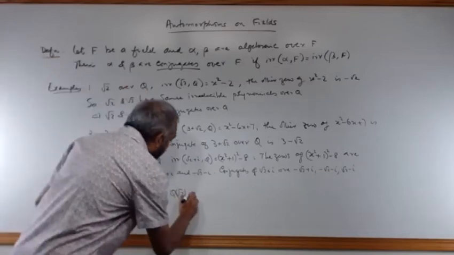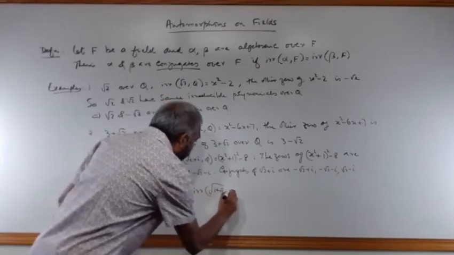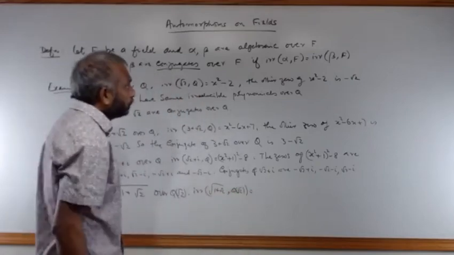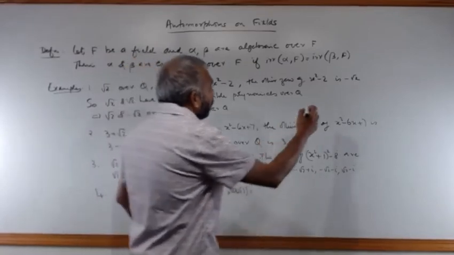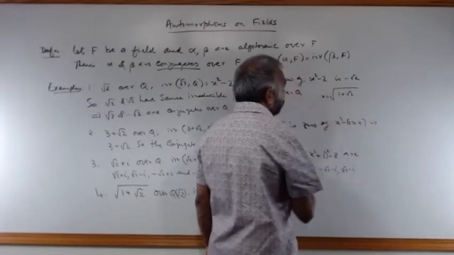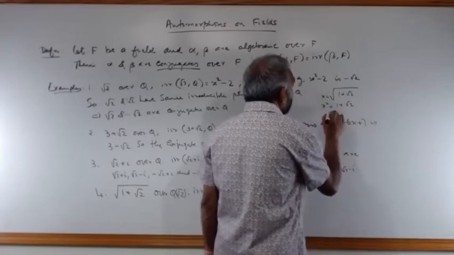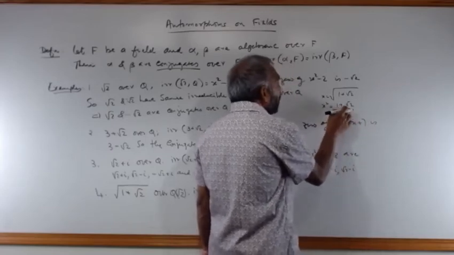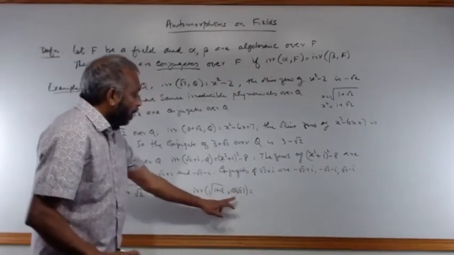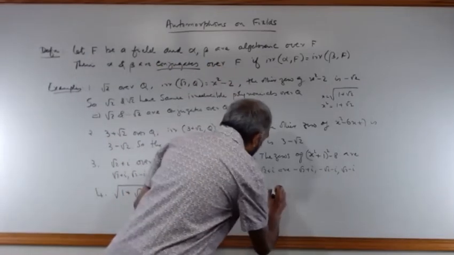So the irreducible polynomial of root of 1 plus root 2 over Q(root 2) is: root of 1 plus root 2 is equal to x. So x square is equal to 1 plus root 2. So the polynomial, you don't need to eliminate root 2 because you are trying to find the polynomial over Q(root 2). So this is actually x square minus 1 minus root 2.